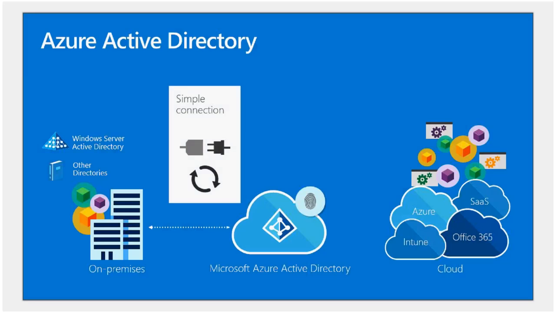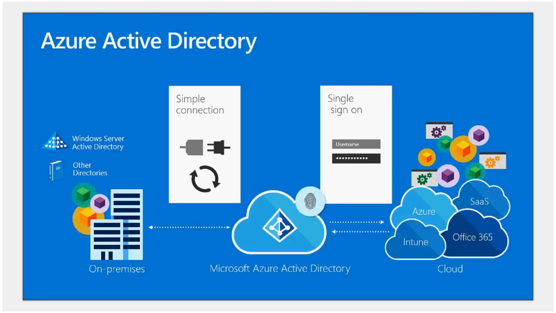So first we need to establish a connection between Active Directory and Azure Active Directory, which uses a free tool that we have available for download. Once that's configured, it sets up synchronization between Active Directory and Azure AD so that you can then get single sign-on to all of these different cloud-based services.